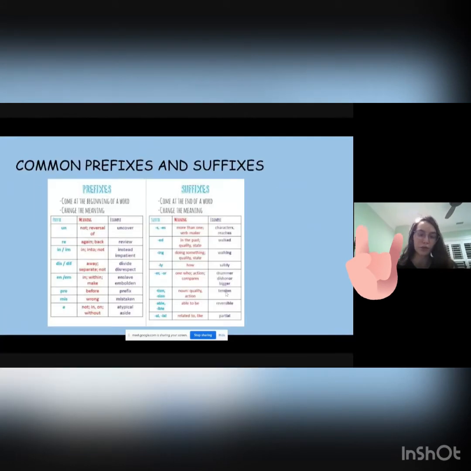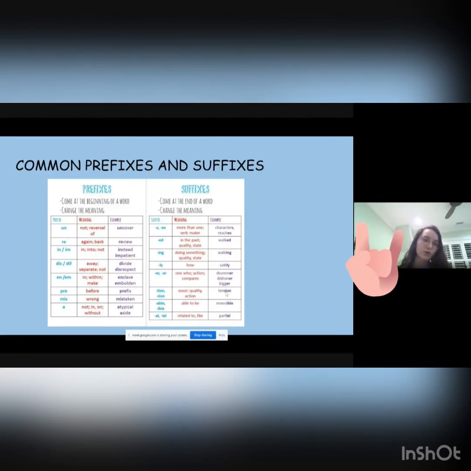Obviously, it's almost impossible to memorize all the prefixes and suffixes because there are so many, and like I said, English comes from a lot of different languages. A lot of words have origins in other languages, but our suffixes and prefixes commonly come from Greek and Latin origins.